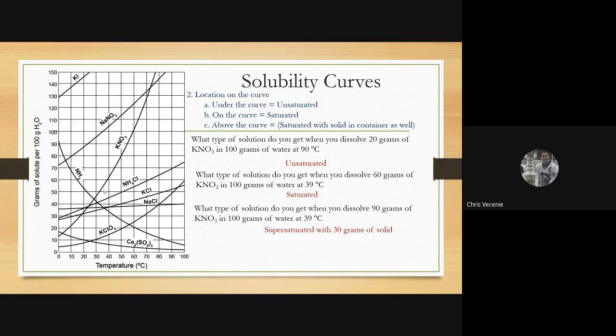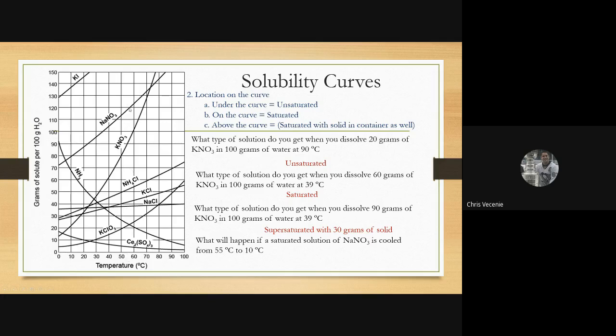The last thing I could ask you is what happens if I change the temperature on you? For instance, what will happen if a saturated solution of NaNO3 is cooled from 55 degrees to 10 degrees? So we find our 55 degrees, and I find the NaNO3. Trace up. Here's the NaNO3.